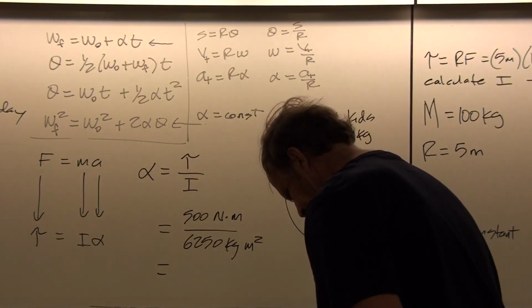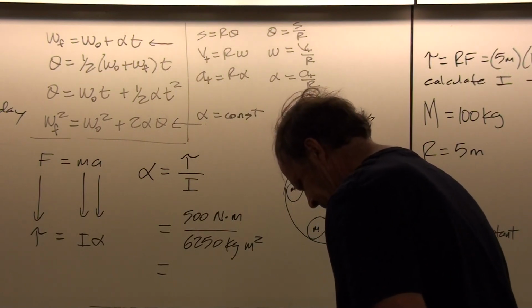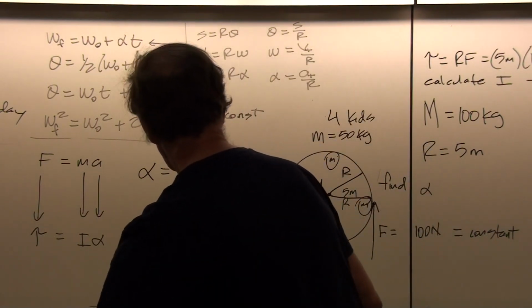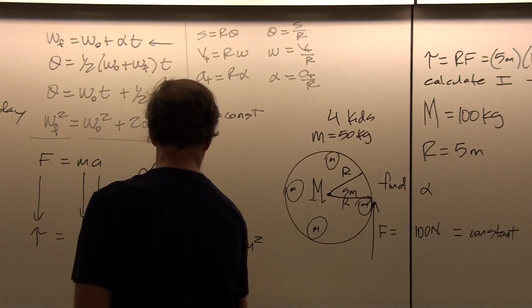So that gives us 0.08 radians per second squared.